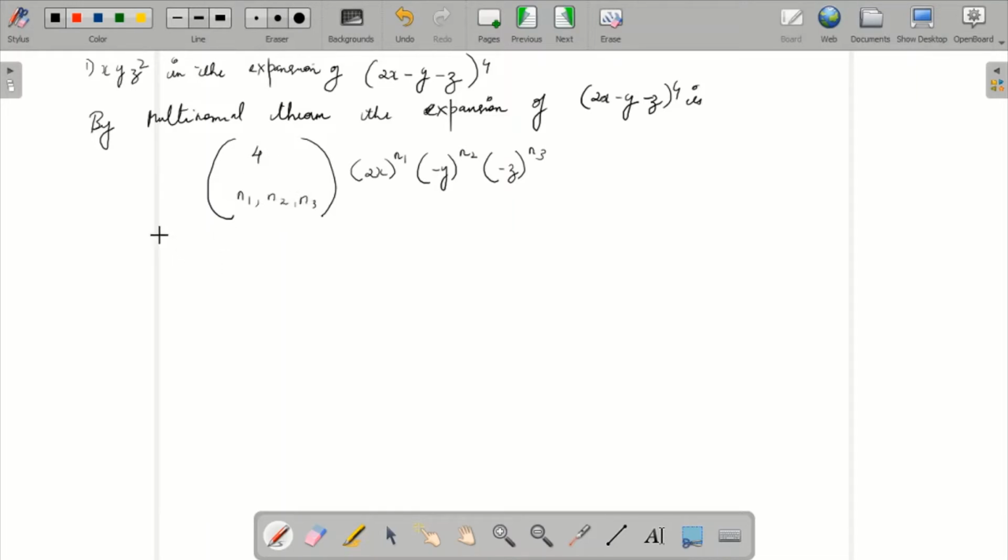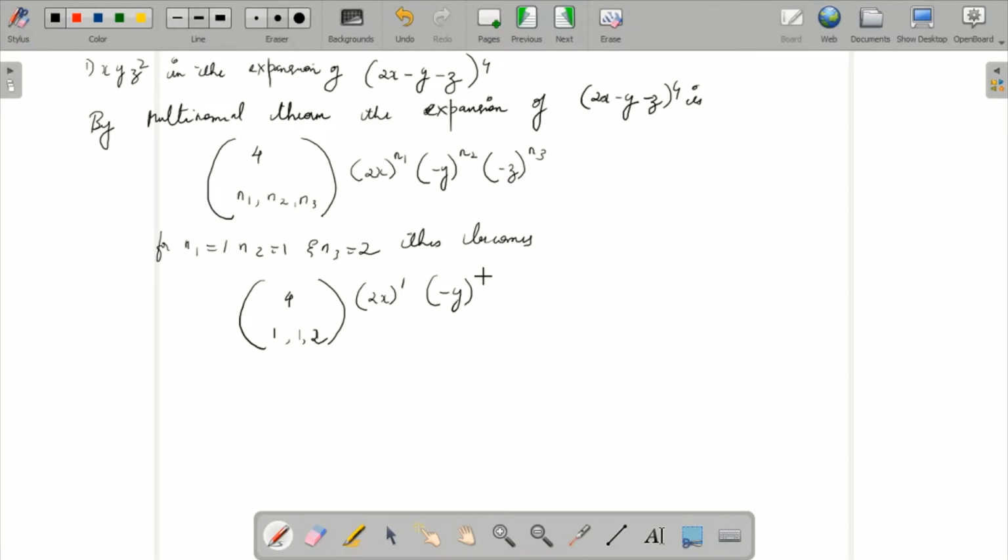So for n1 equal to 1, n2 equal to 1, and n3 equal to 2, this becomes 4 over 1, 1, 2, and then 2x to the power n1, which is 1, minus y to the power n2, which is also 1, and minus z to the power n3, which is 2.